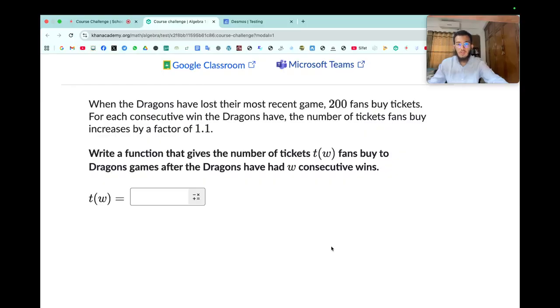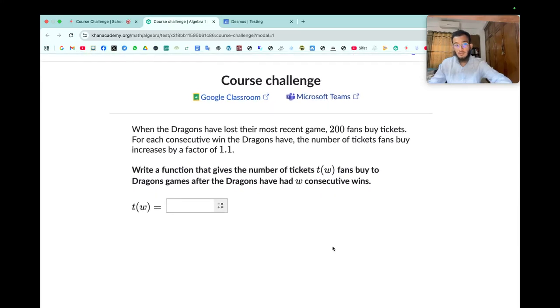Okay. So when the Dragons have lost their most recent game, 200 fans will buy the ticket. For each consecutive win, the number of tickets will be increased by a factor of 1.1.